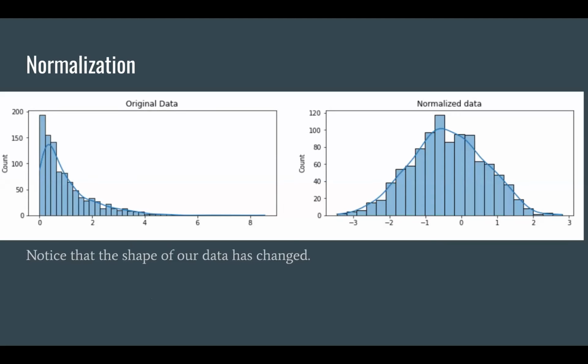If we look at the shape of our data, we can see that the shape changed from original to normalized. Before normalizing, it's almost L-shaped, but after normalizing the data, it looks more like the outline of a bell curve.